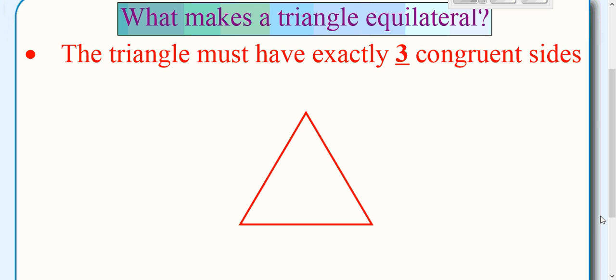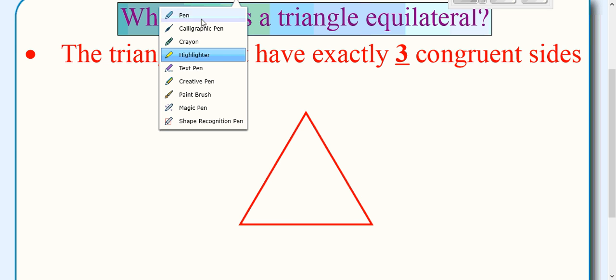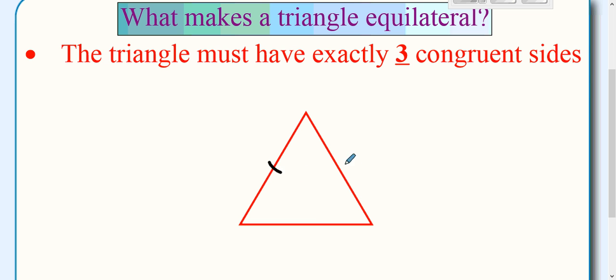So what that's going to look like is you'll see a picture of a triangle kind of like this, and it will have the same tick mark on all three sides to show that they are congruent, that they're exactly the same.